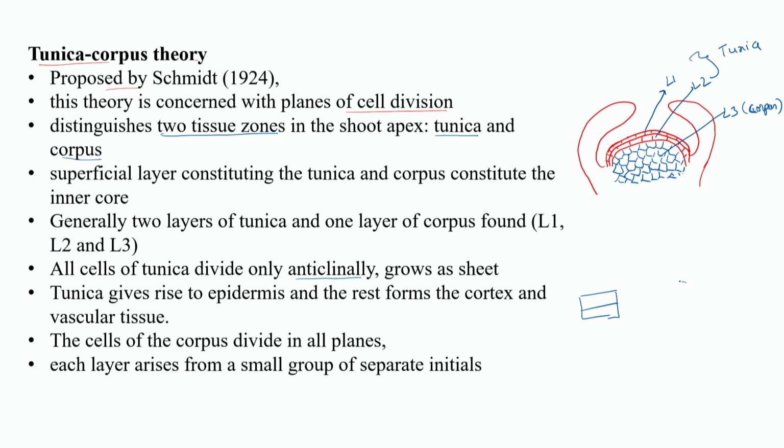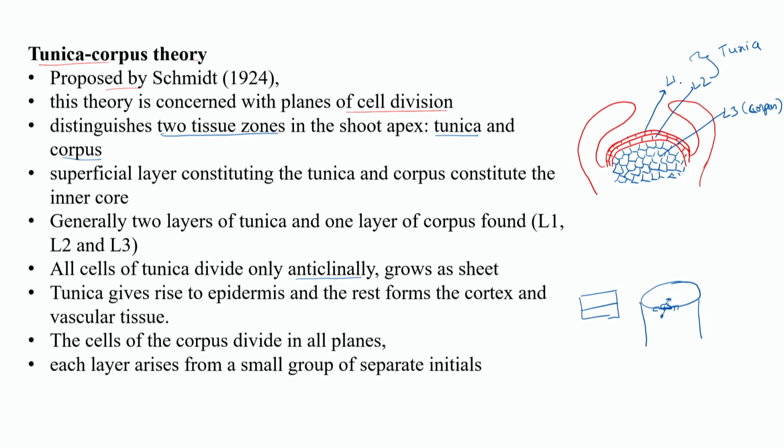If this is the surface and this is a cell dividing parallel to the surface, it will add cells on both sides, so it will increase the volume of the inner mass. In anticlinal division it will increase the number of cells on the same plane, so it will increase the surface area.